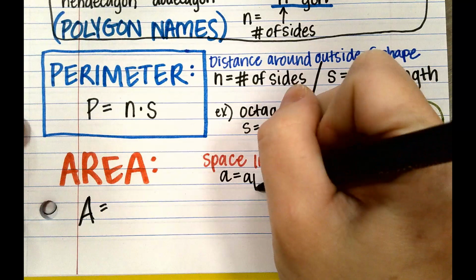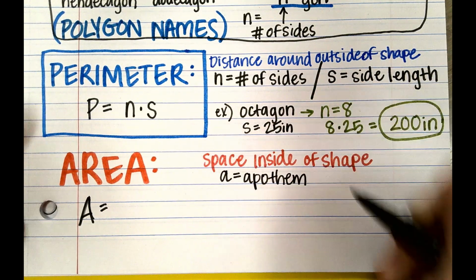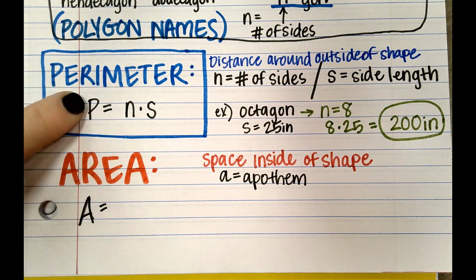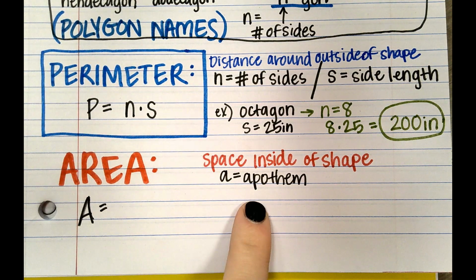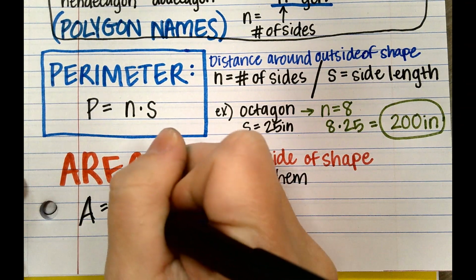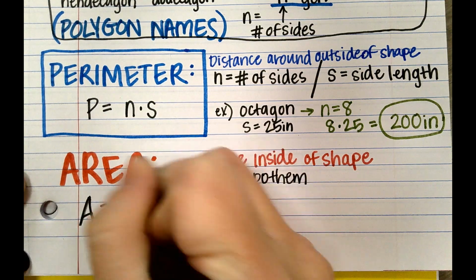And I'll show you what that means here in a minute. To find the area, we can take the perimeter times the apothem and divide by 2. Now that's going to sound like nonsense until I show you what the apothem is.